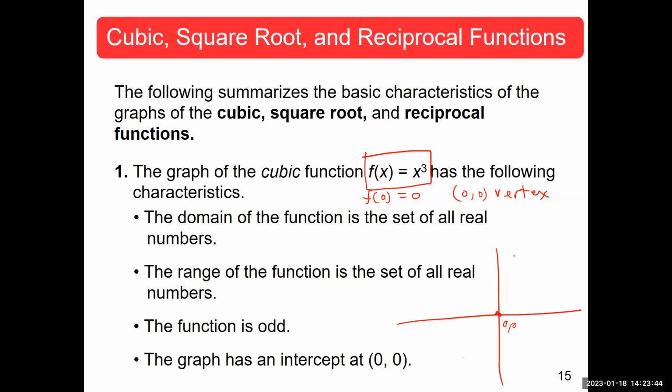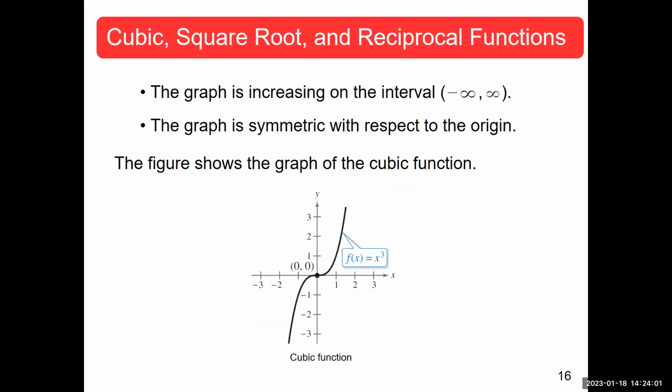We saw this before, so let me try and make a better one. That's x cubed, the parent function, the simplest basic one. There is a better drawing in the book, where x and y go from negative infinity to positive infinity.